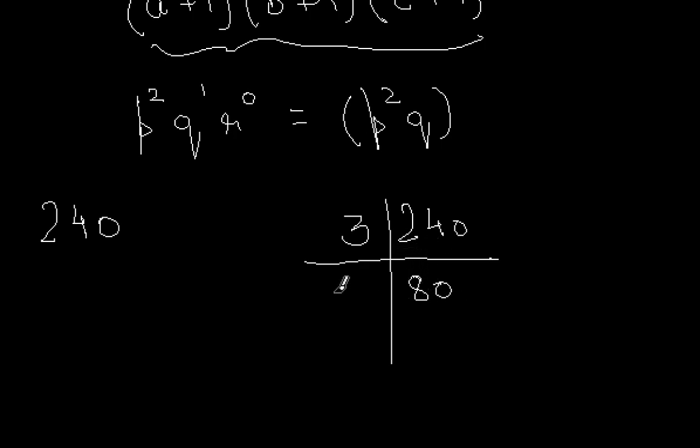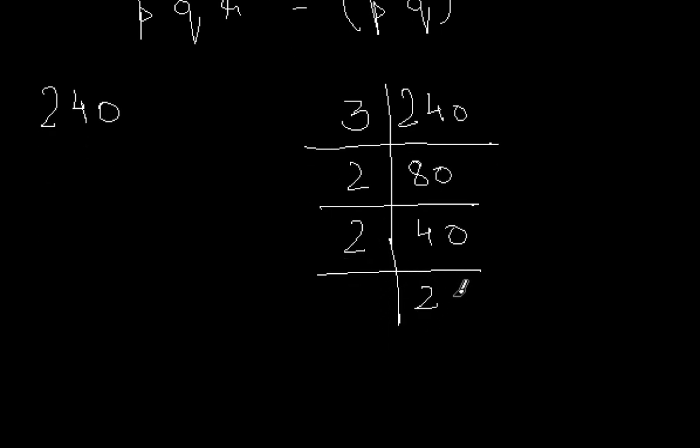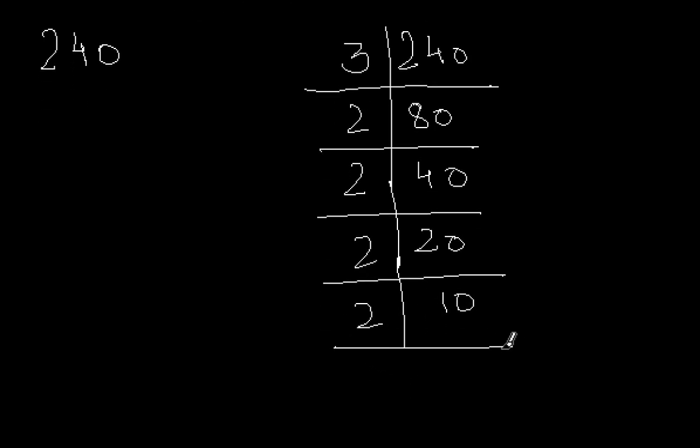So 240 divided by 2 is 120, then again 2 gives 60, 2 gives 30, 2 gives 15, and then 3 and 5. So the prime factorization of 240 is 2 raised to power 4 into 3 into 5, so basically 3 raised to power 1 and 5 raised to power 1.